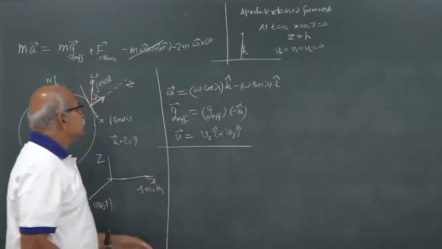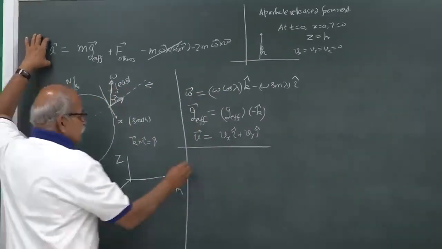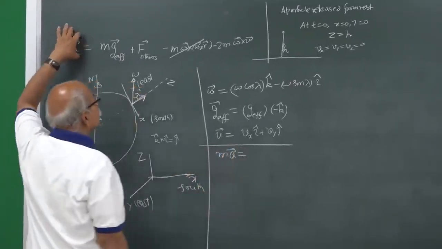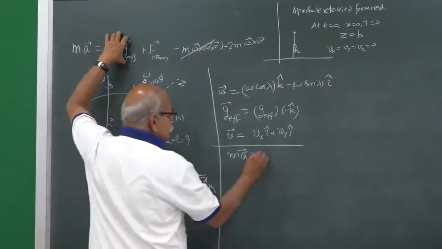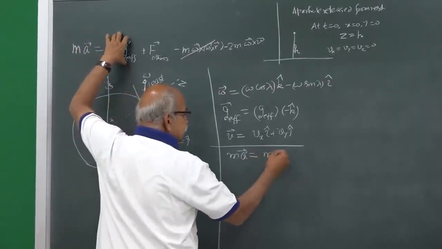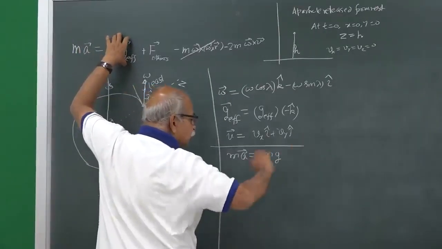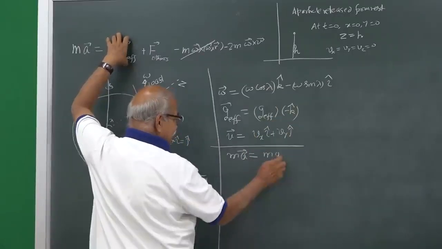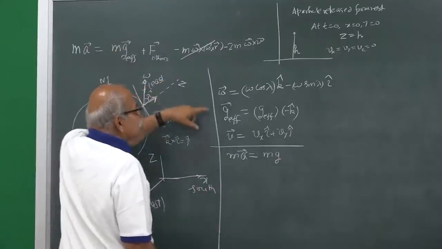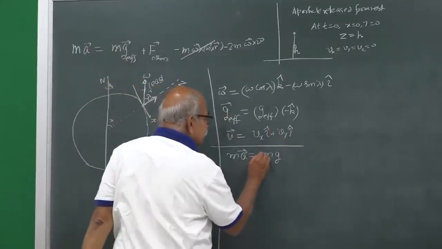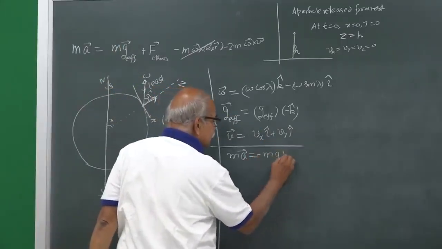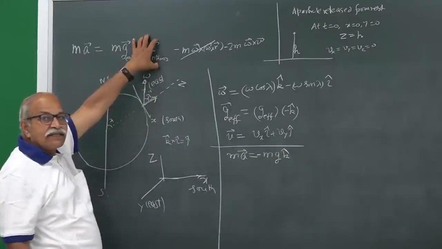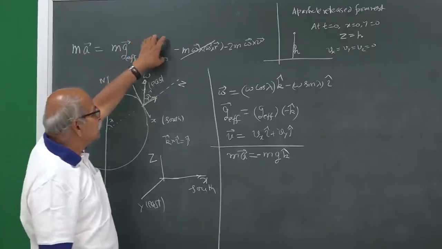So how do I write the equation? Mass times acceleration is equal to m times g effective, in the negative k direction, so minus g k cap. No other forces are there, it is free fall, so this term is not there.